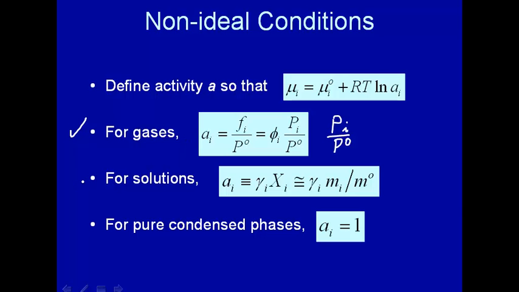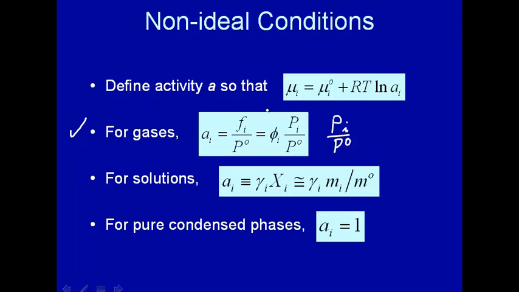Now for solutions, this is something new. The activity is going to be defined in terms of mole fraction, which is a fundamental unit of concentration in physical chemistry. So the activity of something in solution will be equal to the mole fraction of that component in the solution.